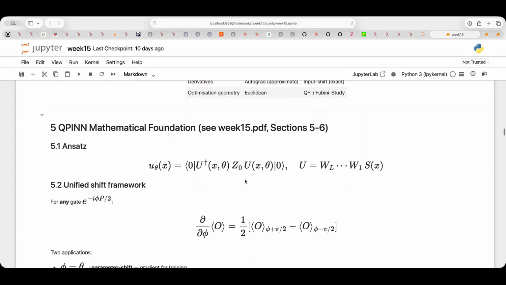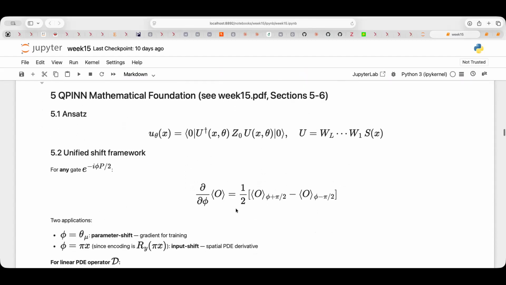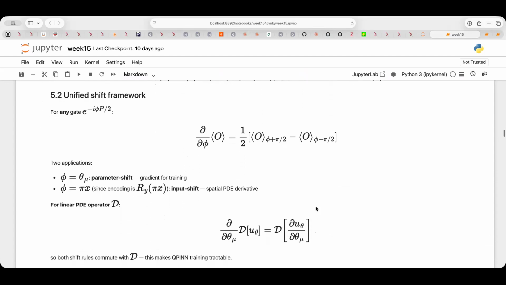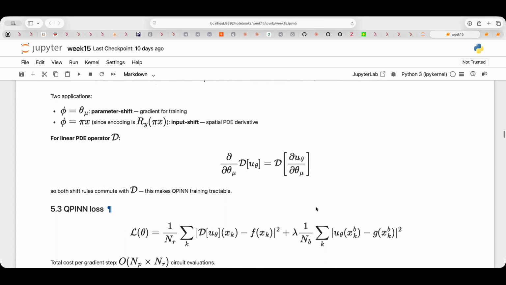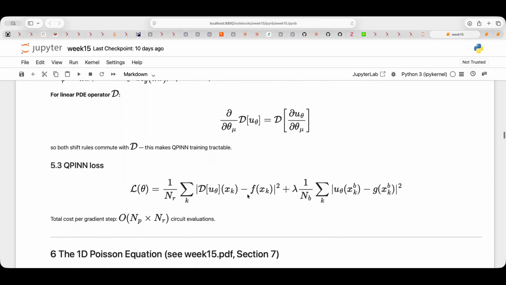So the ansatz is this one. So these are the functions we are going to optimize. For any gate, we then have the parameter shift rule. For a linear PDE operator, this is the quantity we need to evaluate. With D, both shift rules commute with D, and this makes the QPINN training tractable.